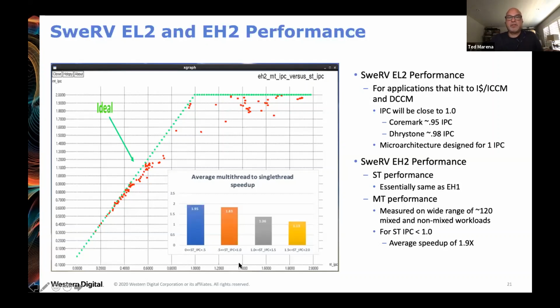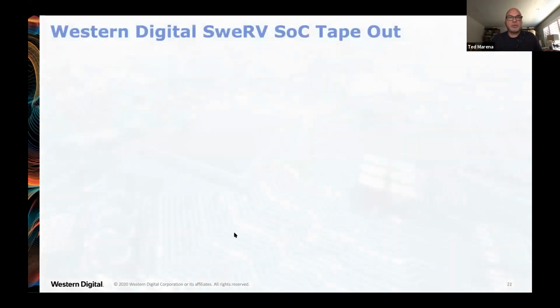As you get to 1.3, 1.4, you can't get over 2, but we're still boosting the performance 36% there. And even over 1.5, it's still a 10%, 11% bump. So as the instructions per clock cycle are low, whoops, didn't mean to do that.